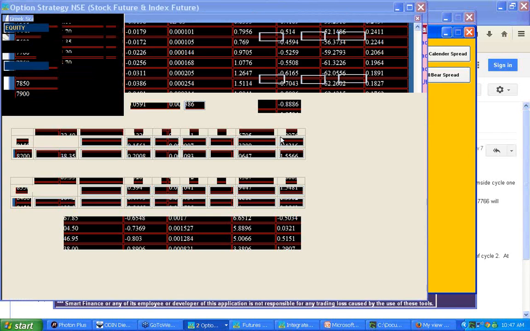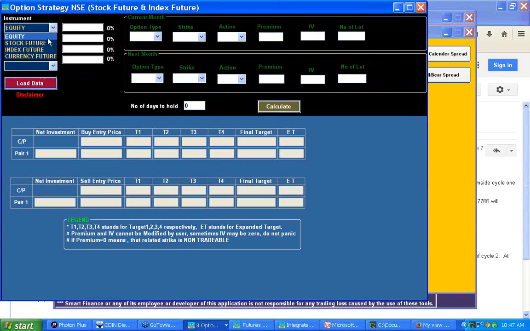Suppose you are following a calendar spread. Calendar spread means this month you will be buying, next month you will be selling. So I am going for index future. Say Nifty, imagine we are at 8,000. Many are saying that 8,500 will be closing this month.